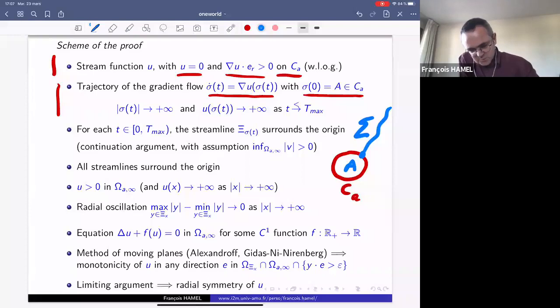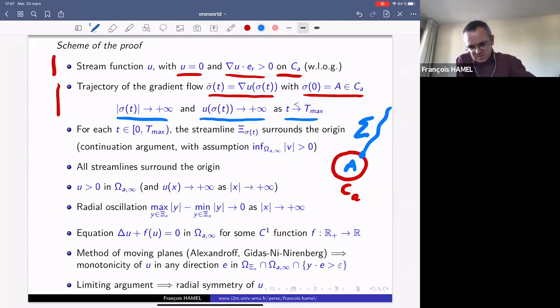And also we can show that this curve capital sigma goes to infinity. And furthermore, the value of u along this curve capital sigma also goes to infinity. Here T max denotes the right bound of the maximal interval of definition of little sigma.